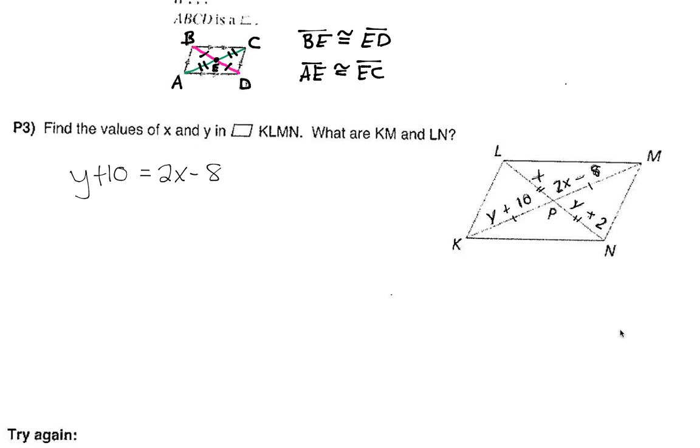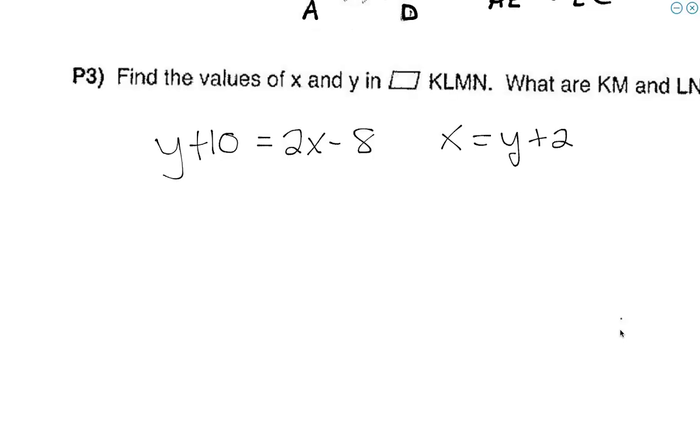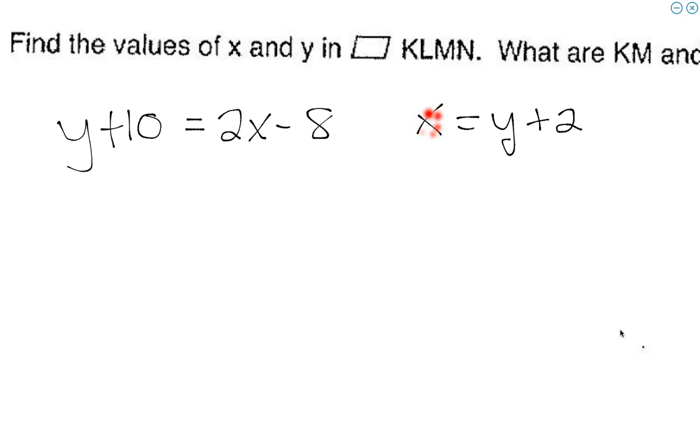If we set up the other bisected diagonal, again, we have two variables that are involved. x equals y plus 2. Now, this one is much nicer because on the left-hand side, we have just x.